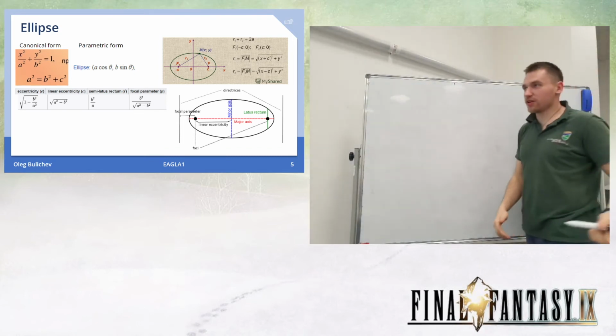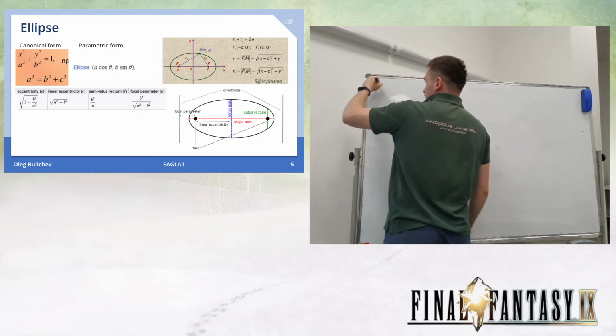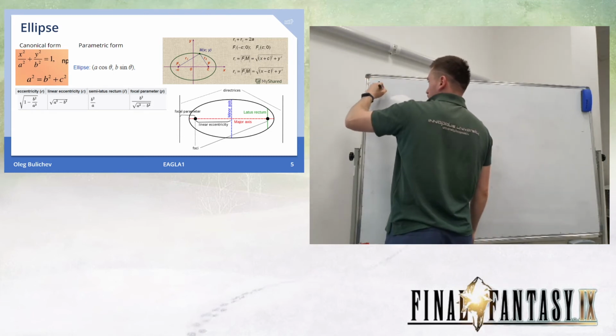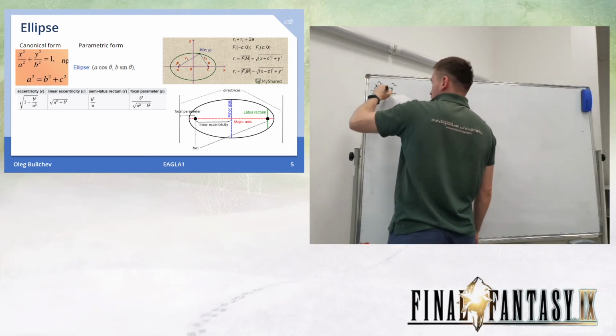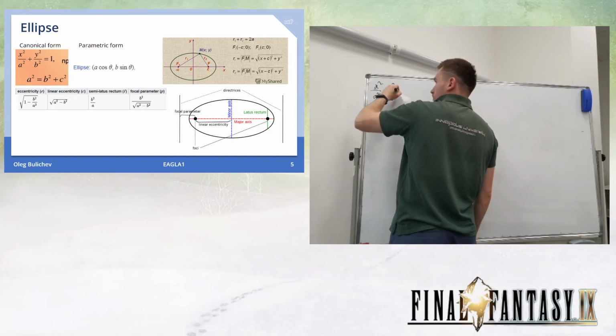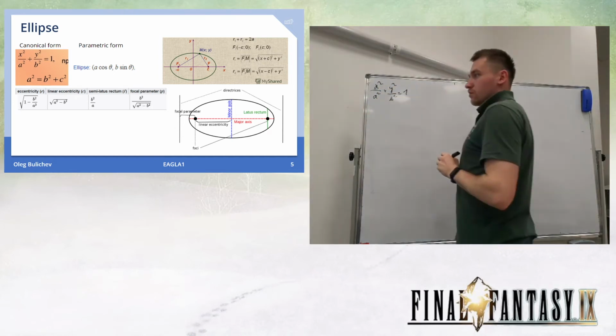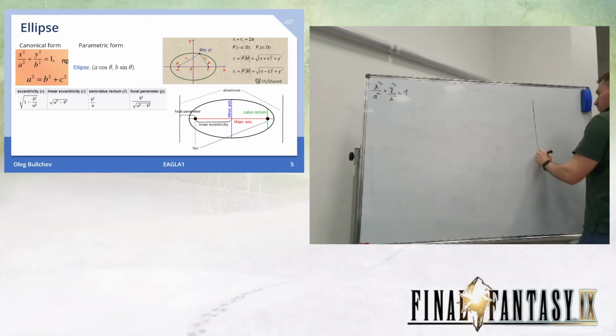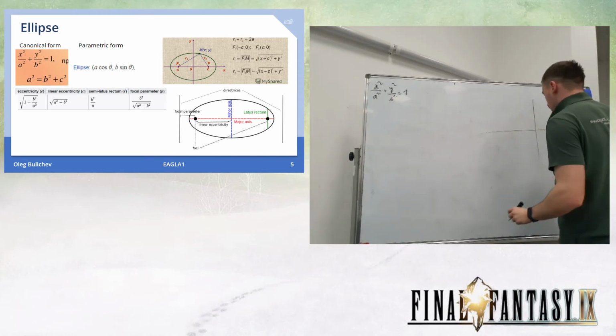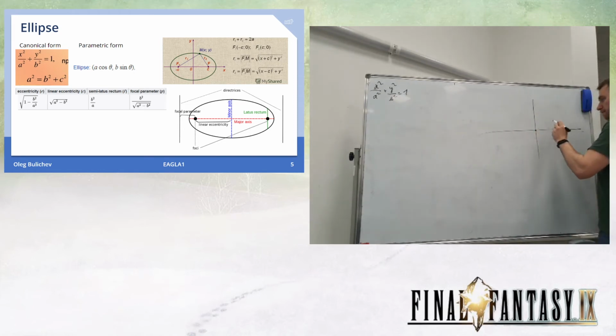Okay, we have an ellipse. So where is A, where is B? This is A and this is B.